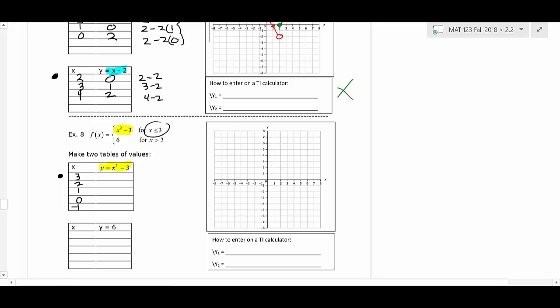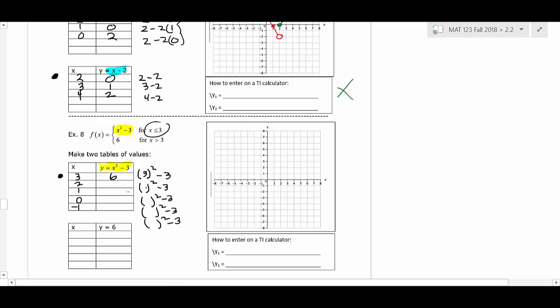This is a parabola. It's going to be a curve, so it's a good idea to choose several points on that. Now what you want to do is, again, you just plug in. You're doing something squared minus 3. If you're confident doing all this in your head, then you can go for it. I'm just going to write down on each one what I'm doing. The first one is 3 squared minus 3. When I plug in the 3, that would be 9 minus 3, so that's 6.